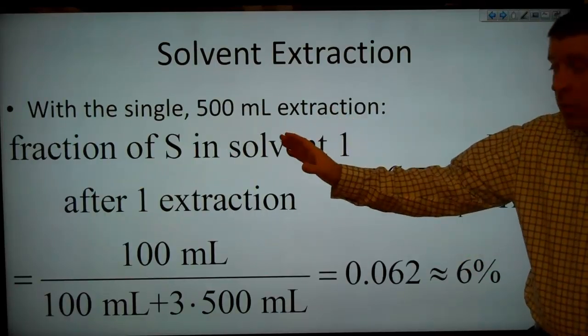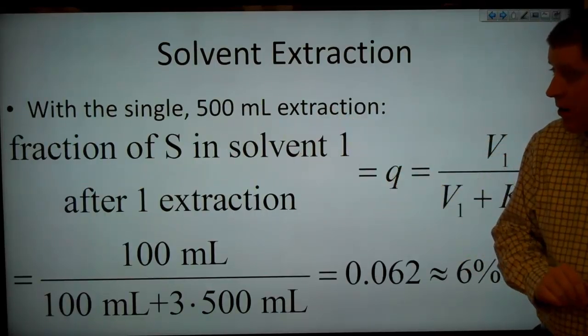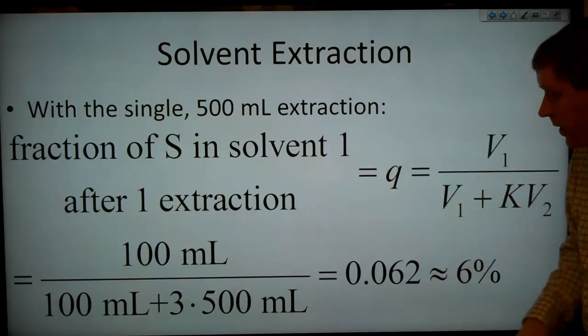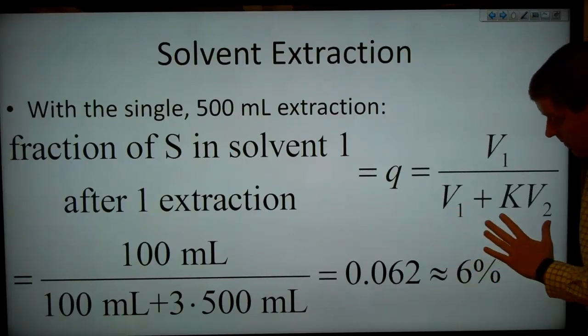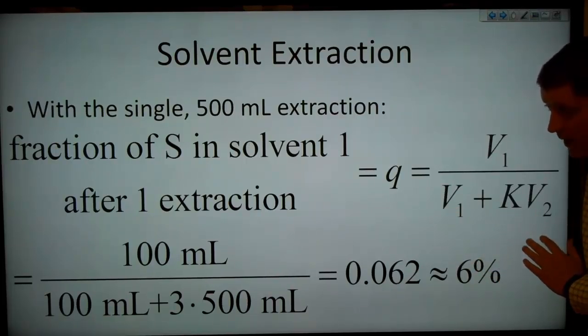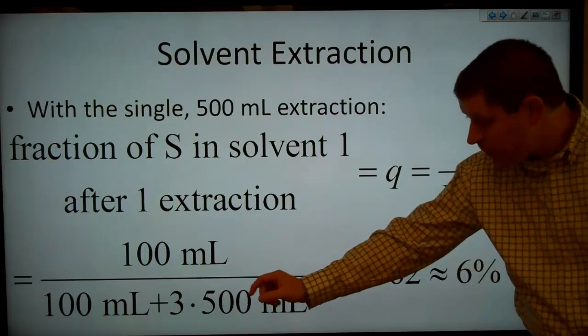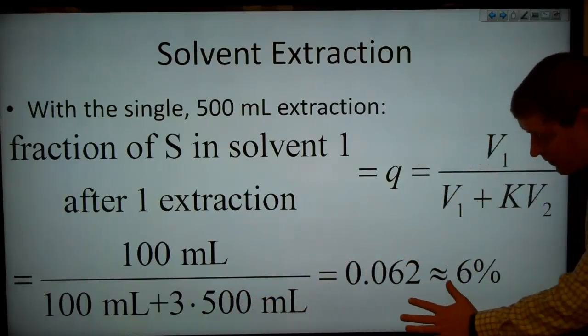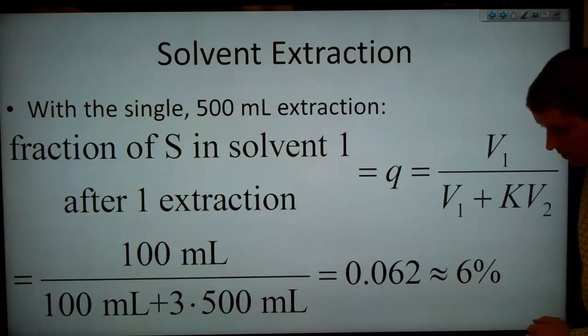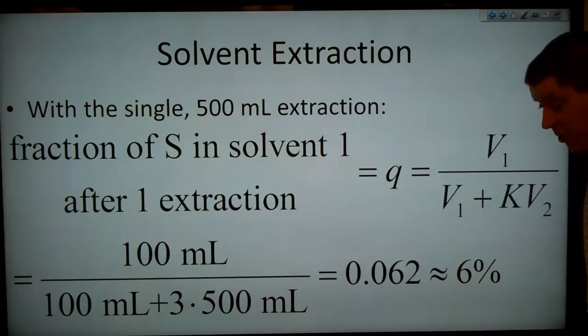So with the single 500 ml extraction, the fraction of S in solvent 1 after 1 extraction is equal to Q, which is V1 over V1 plus K V2. V1 is 100 mL, K is 3, and V2 is 500 mL, and that gives us 0.062, or about 6%.